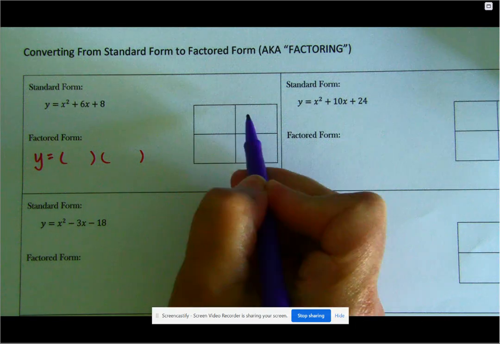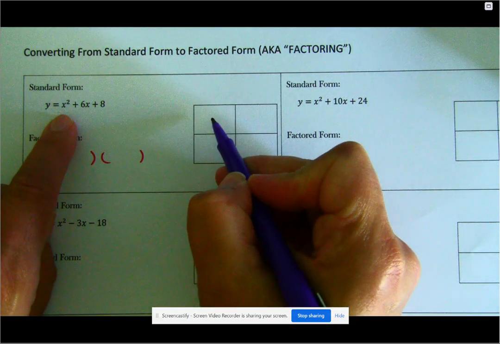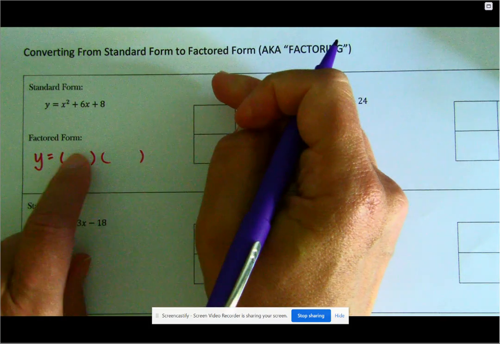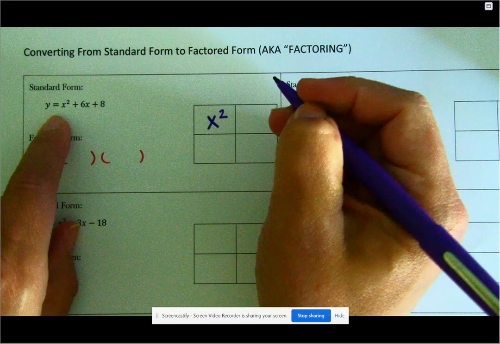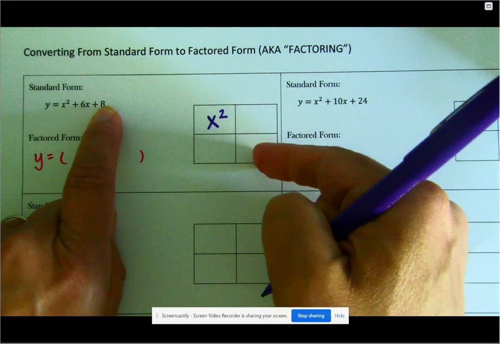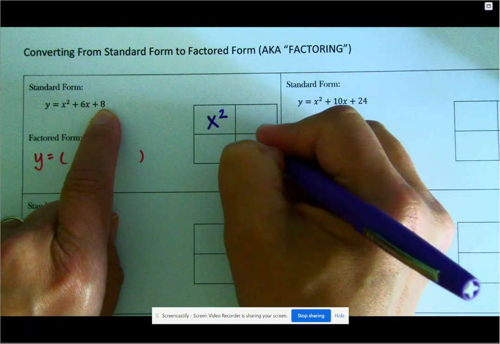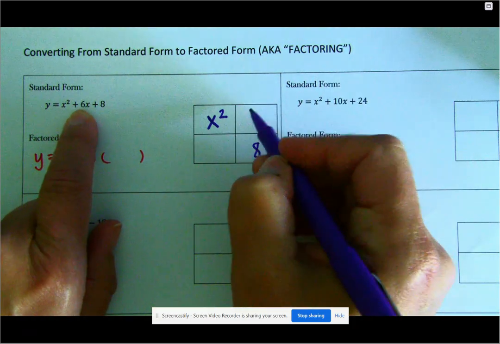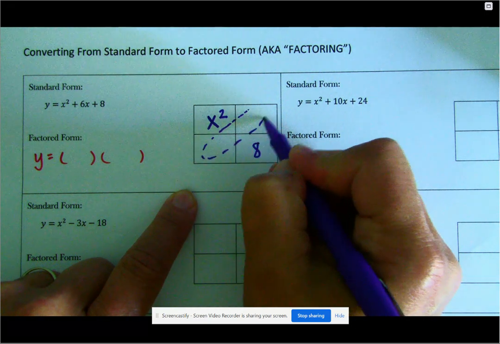So using the box method, and this is our model, we know that this corner here was made by taking the x times the x, and we get x squared. And this last corner here, bottom right, is this term here. The 6x is not in the box. It is a combination of these two right here.